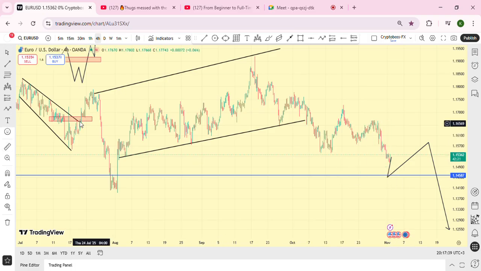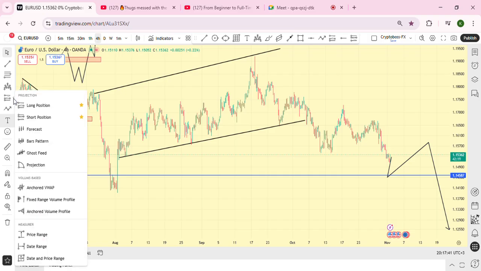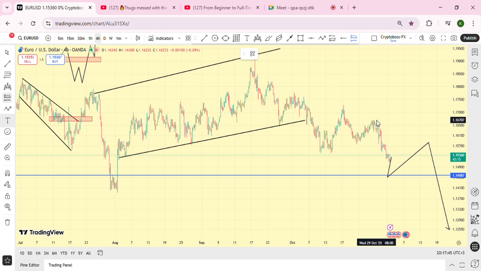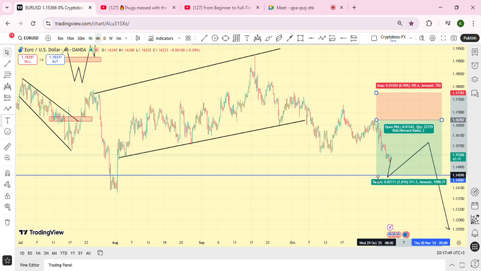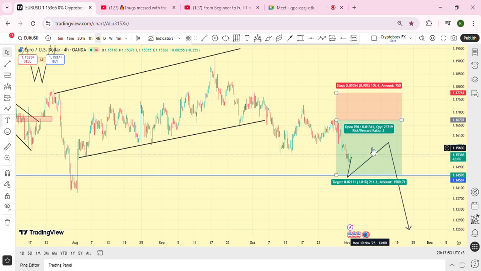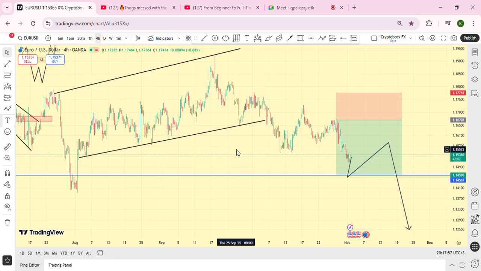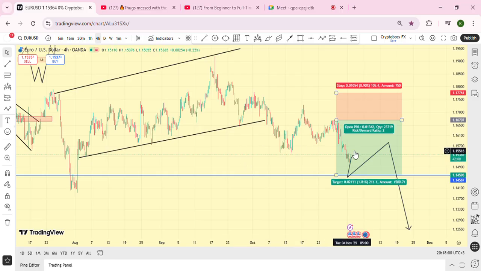Now in terms of pips as well, let's say you took the entry there. So these are 211 pips on this. Remember, this is Euro USD, it is not the same as gold. 211 pips on this is reasonable.